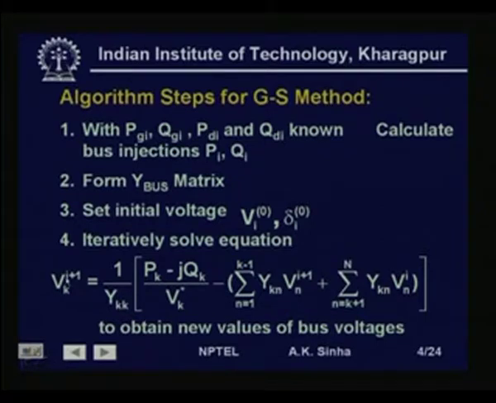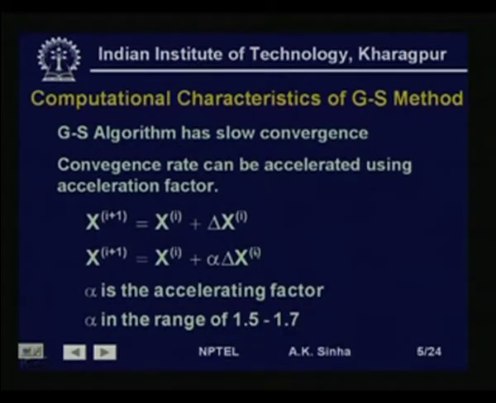V k at I plus 1, and this value for V k at I is known. So, V k at I plus 1 minus V k at I will give me the value of delta V k at iteration I. Now, instead of using this value, instead of delta x I or delta V I, we are adding alpha times delta V I to obtain this V at I plus 1.